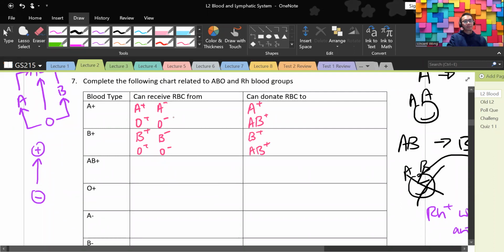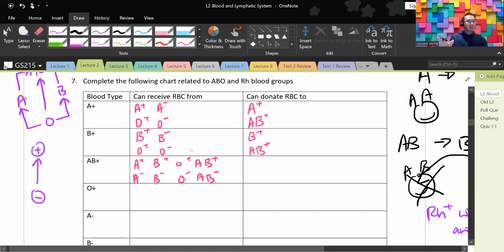Can anybody tell me? Okay, yeah. So a bunch of stuff, right? AB positive can receive from A, B, O, A, B, and all positives and all negative, right?